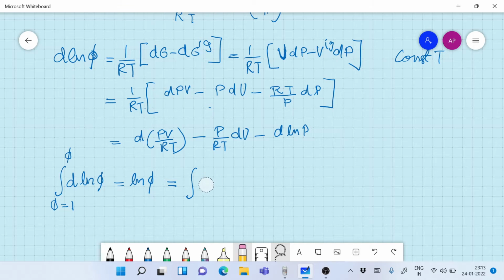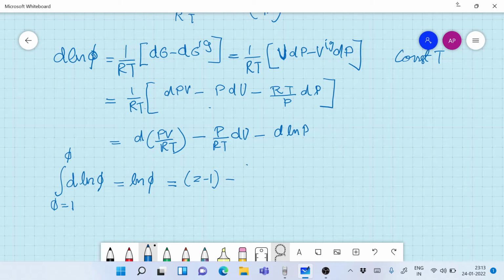This can be written as dZ. Now from the state where it's an ideal gas, so for ideal gas Z is equal to 1, to the state where it's a real gas, so Z is equal to Z. And therefore the first integral just becomes Z minus 1.